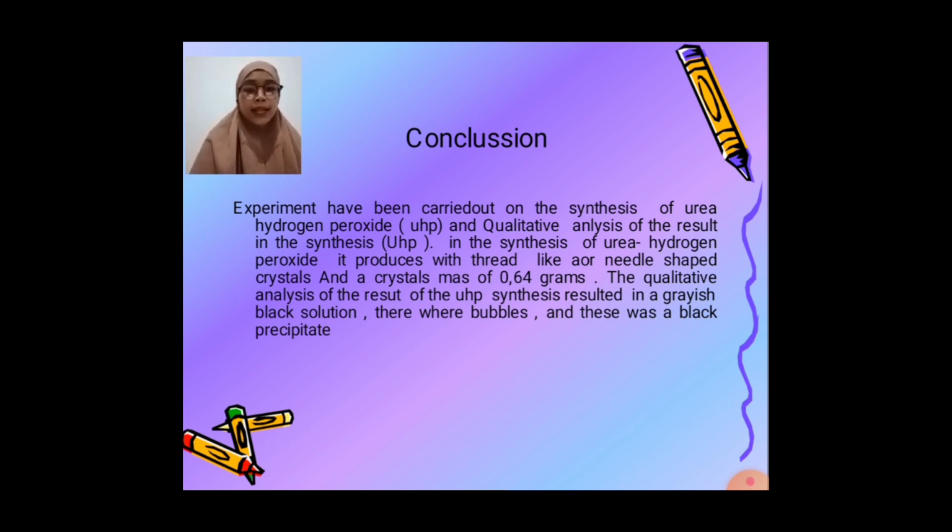The qualitative analysis of the UHP synthesis result gave a grayish-black solution. There were bubbles and there was a black precipitate.